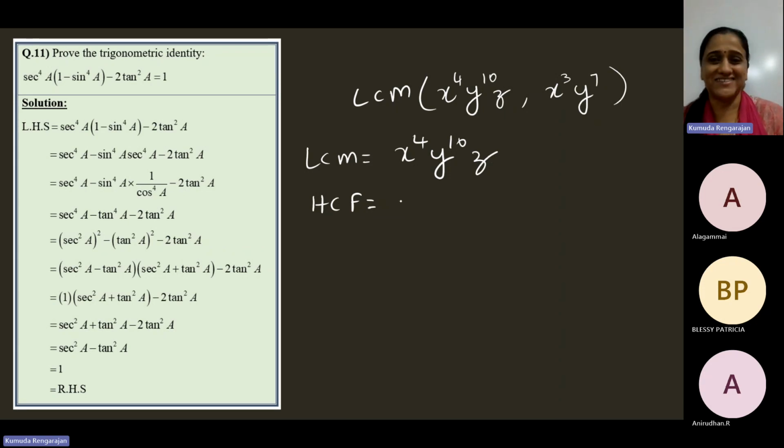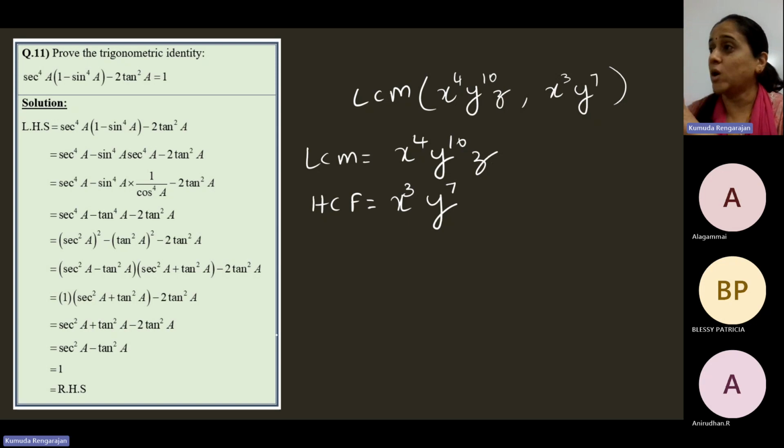Common factors x and y, least powers. So 3 and 7. Correct, very good. So for LCM, write all the factors, not only common factors, with the highest power. For HCF, only common factors with the least power.